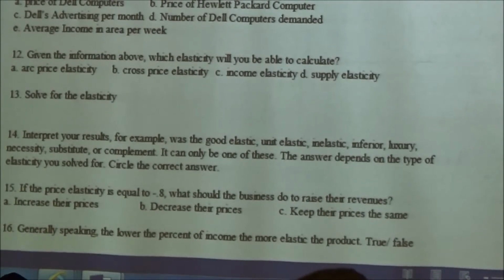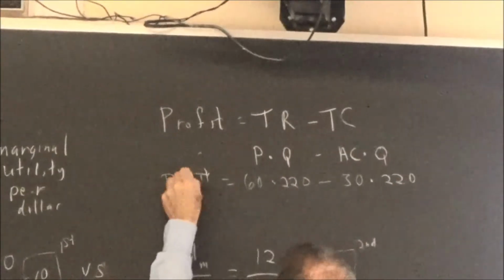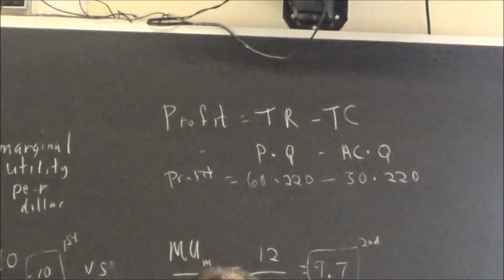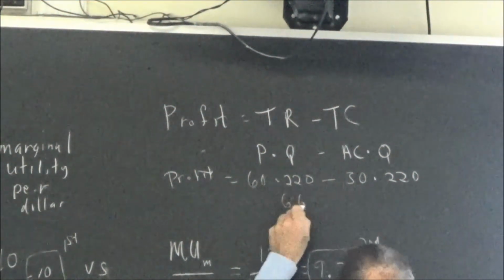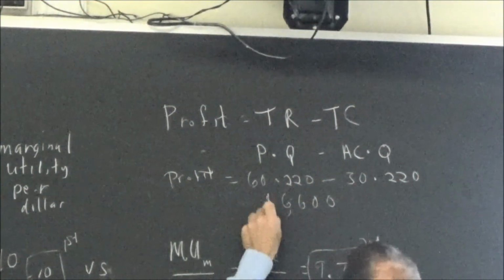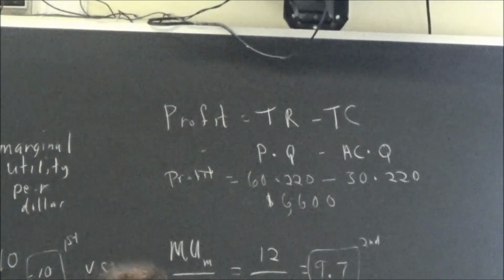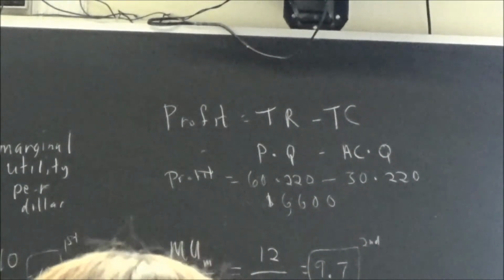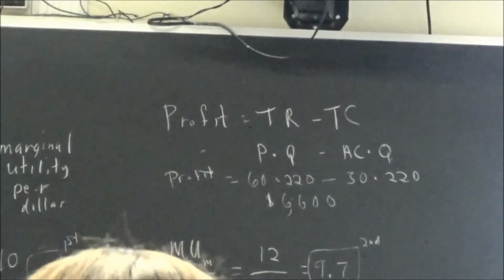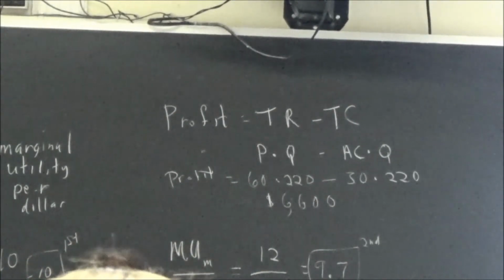So when you solve for that, you come out to have 6,600. The next one was 6,000. Number 21, they should obviously charge 60 because they make more of a profit.